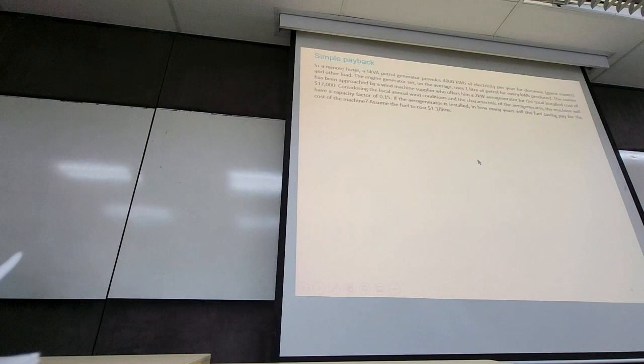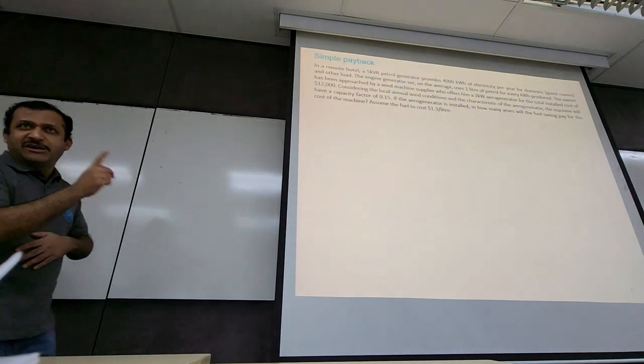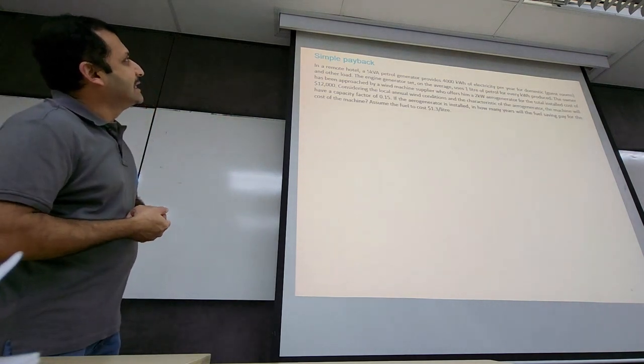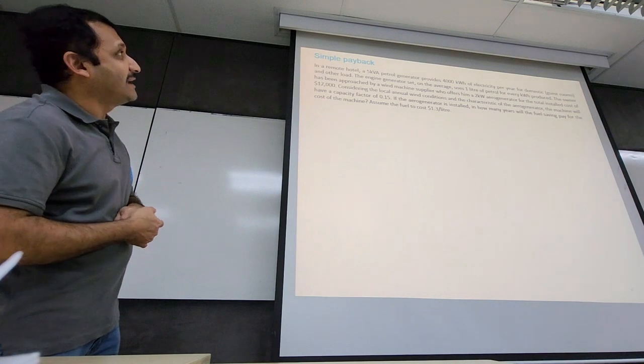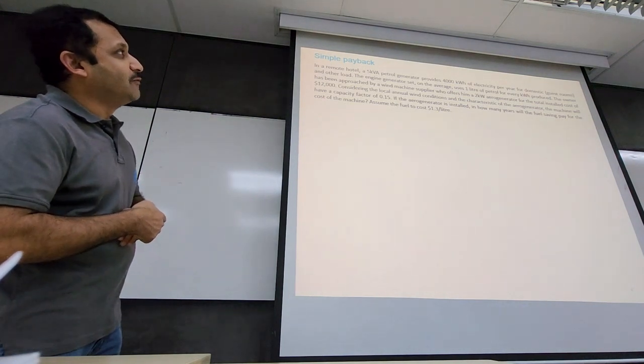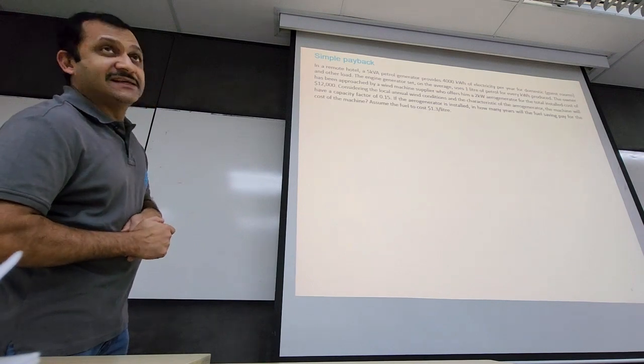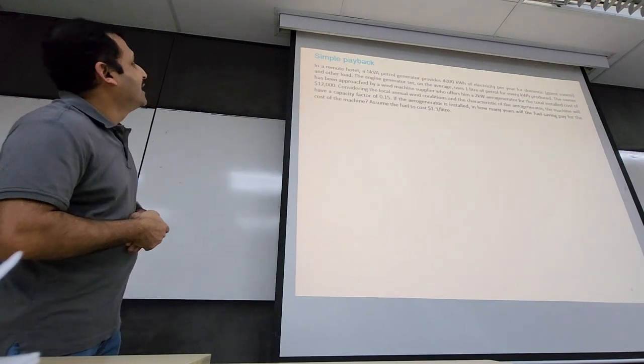Simple payback. Maybe we can quickly solve this problem for simple payback, and it will make it clear. I'm giving you an example, and I will just quickly read through it and show you the solution. In a remote hotel, a 5 kVA petrol generator provides 4,000 kilowatt hours of electricity per year for domestic or guest rooms and other load.